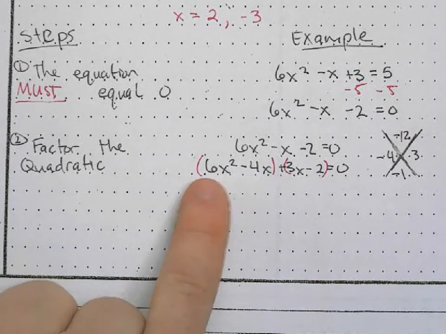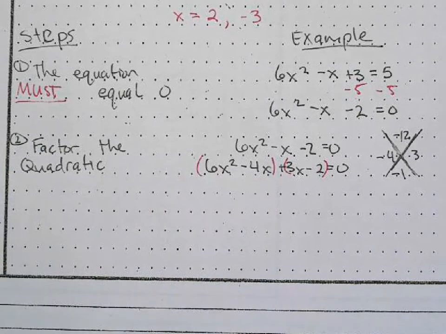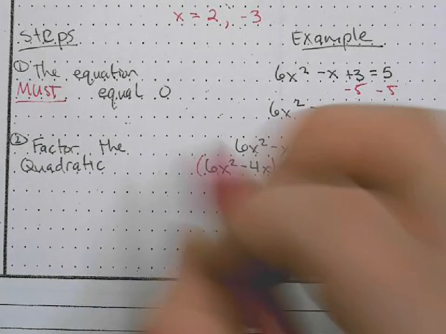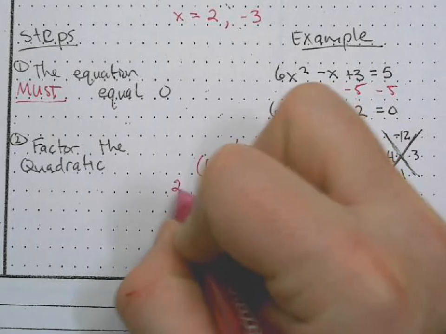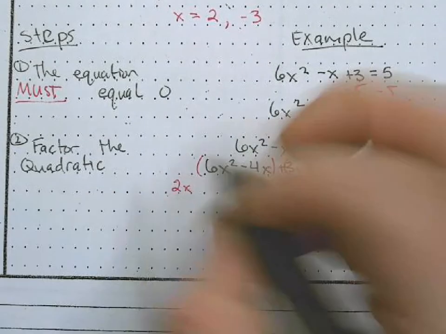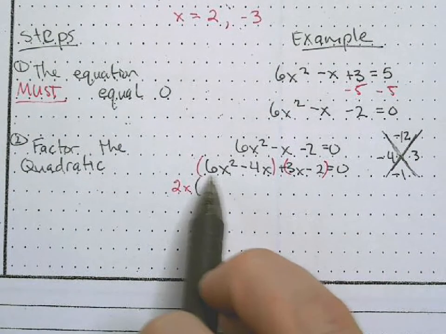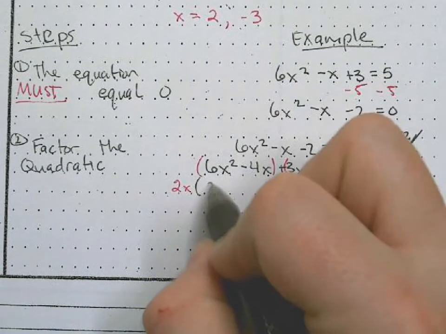I can factor a 2x out of my first group. And then I'd be left with 3x minus 2.